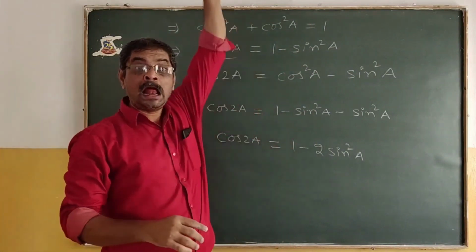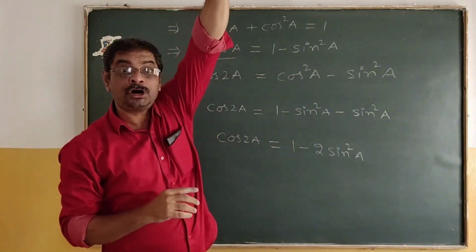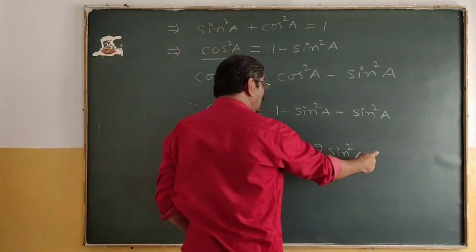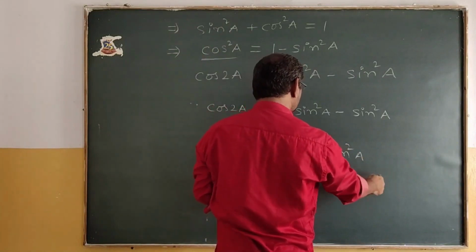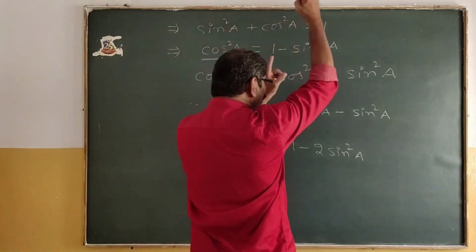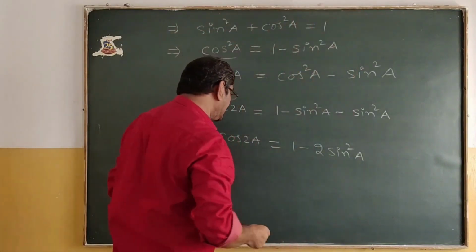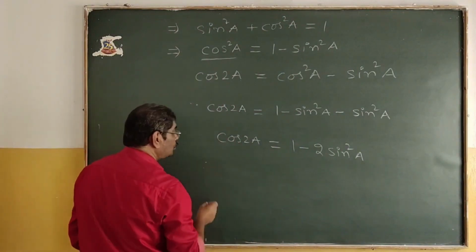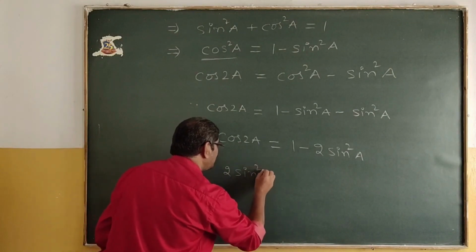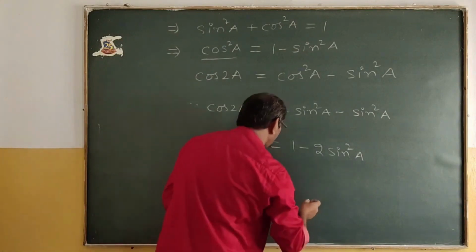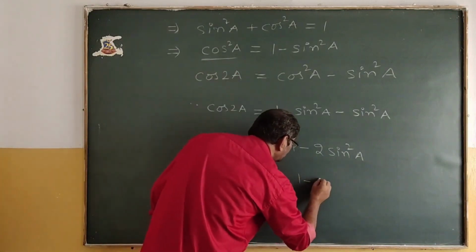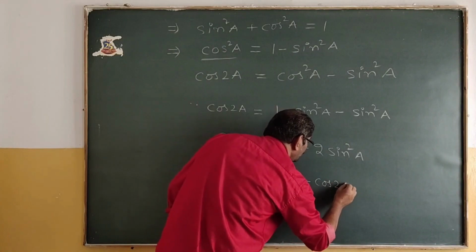Now what I am doing? I am rearranging the formula. Take minus 2 sin square A on the left hand side and cos 2A on the right hand side. So therefore, I get 2 sine square A will be numerically equal to 1 minus cos 2A.